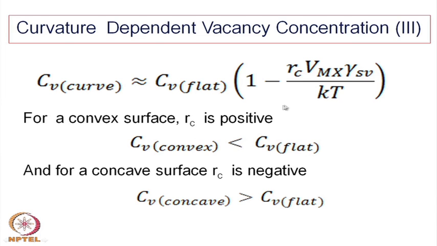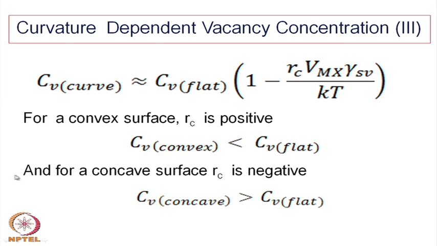If this is positive, this becomes a negative term, and once it is deducted from 1, it is actually less than 1. So, the concentration on the convex surface is less than that of the flat surface.